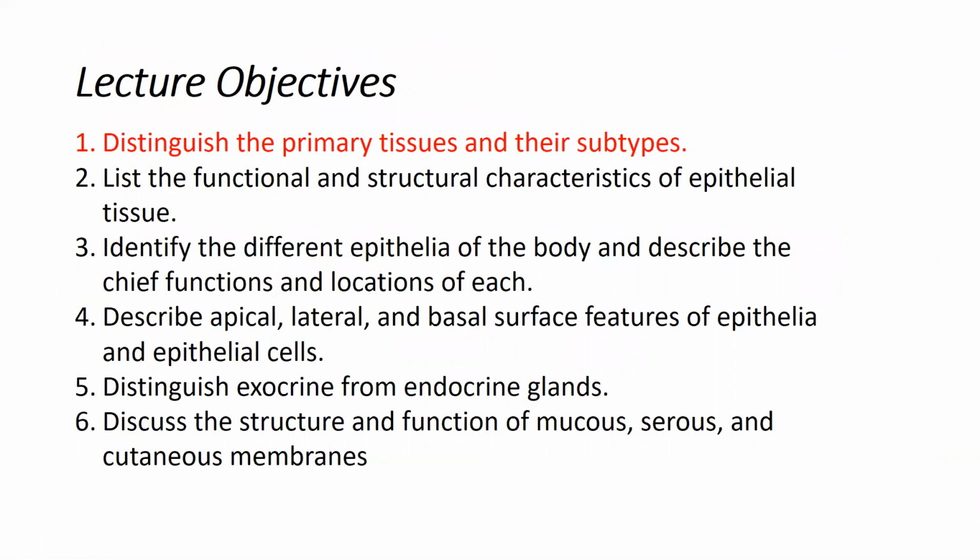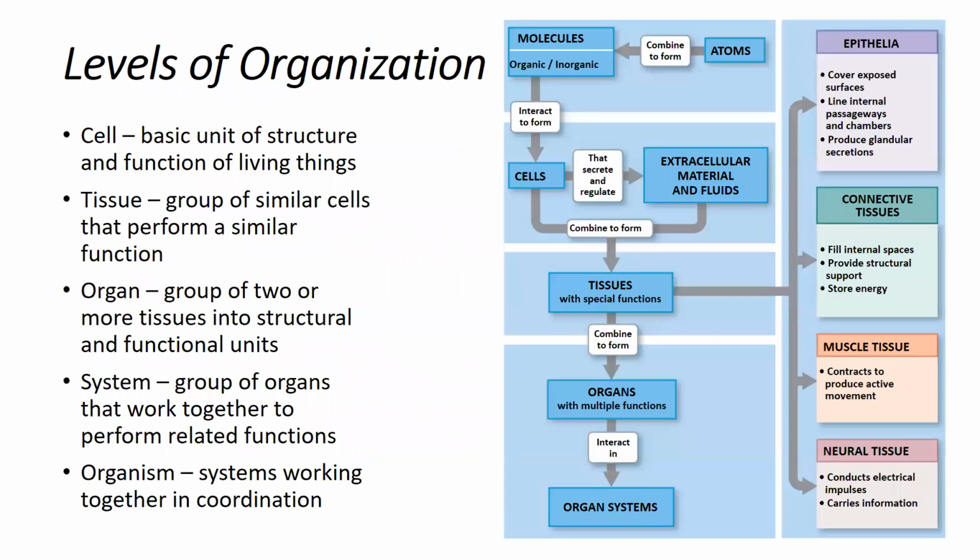All right, so we have quite a few objectives. The first one is to talk about different types of tissues and then their subtypes. So here we have the levels of organization of the body, starting with the cell. And the cell is the basic structural and functional unit of all living things.